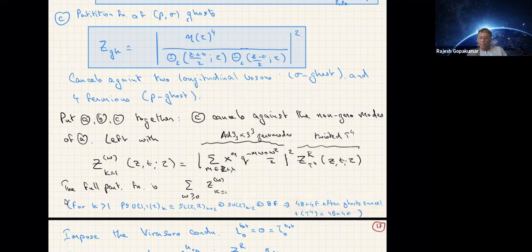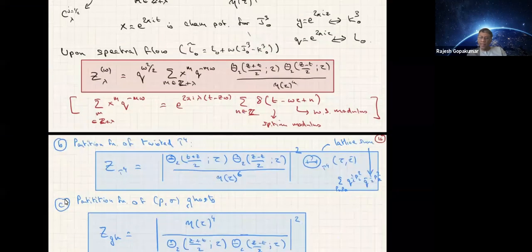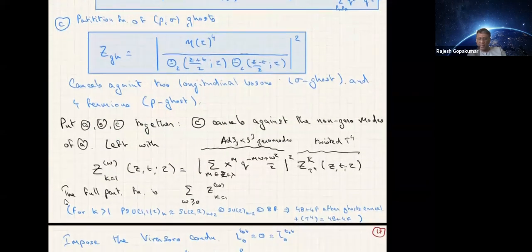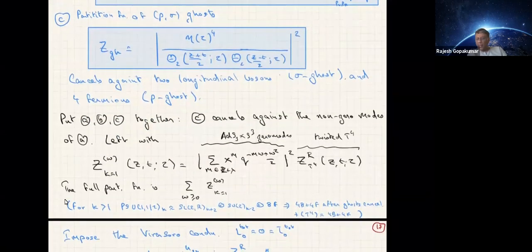But here, the k equals 1 theory, the PSU(1,1|2) had only 4 fermions and 2 bosons, so it completely canceled except for the zero modes against the ghosts. And this is why, in some sense, I was saying it's topological, that there are essentially only these zero modes left from the AdS3 times S3. The spectrum of states is vastly smaller at k equals 1 compared to k greater than 1.